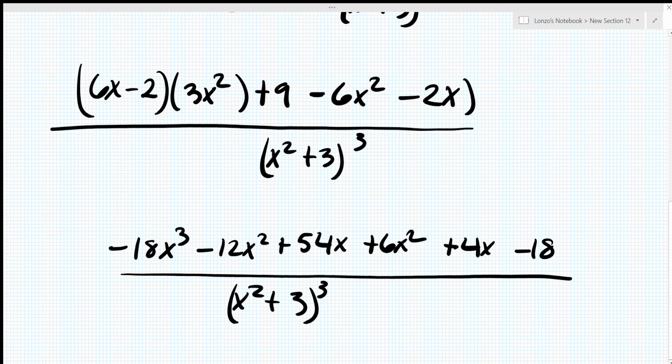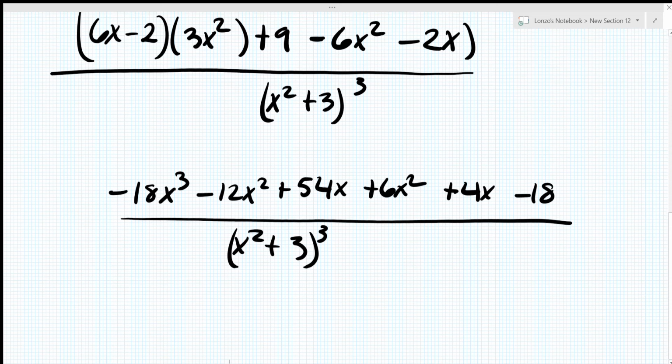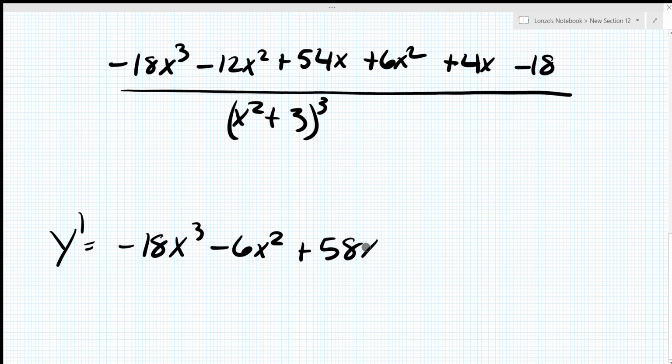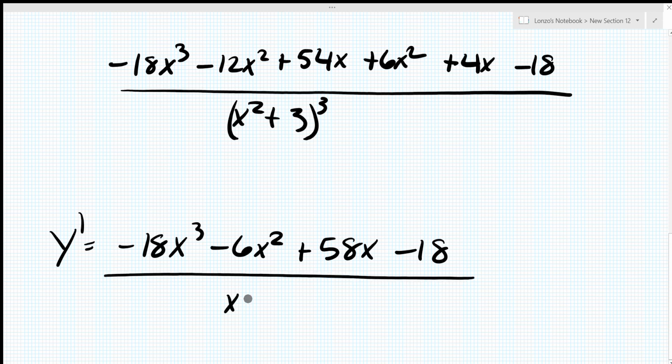And then when you simplify it, your final answer should be y prime equals negative 18x cubed minus 6x squared plus 58x minus 18, all over (x squared plus 3) raised to the positive 3. So this is your final answer.